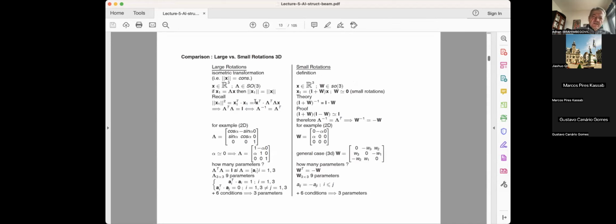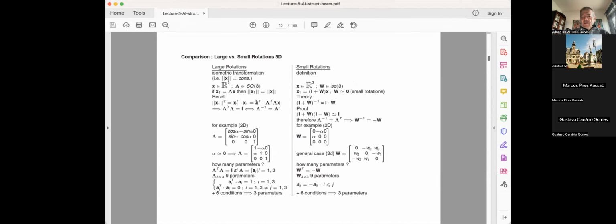So what is the difficulty of this large rotation? Here you have a large rotation and a small rotation. Large rotations preserve the norm of a certain vector. If x1 is produced by the rotation of the vector x, you take this to be a tensor lambda. By putting that the norm of x1 is equal to norm of x, or the norm square of x1 is equal to norm square of x, you can write this as x1 transpose dot x1.